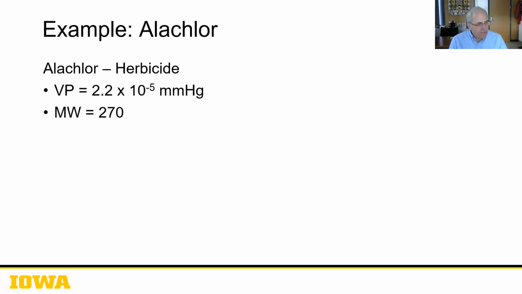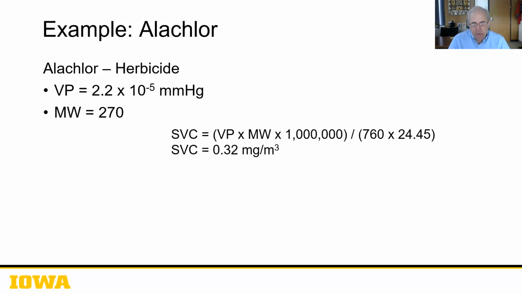So I'll go through a quick example here, the alachlor. Vapor pressure, as shown in the previous table, is 2.2 times 10 to the minus 5th millimeters of mercury. It has a molecular weight of 270. You can chug away at this equation here. And that 24.45 is the liters per mole, I think, at room temperature.